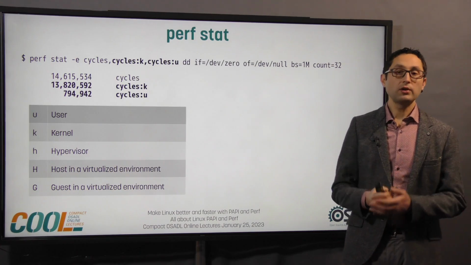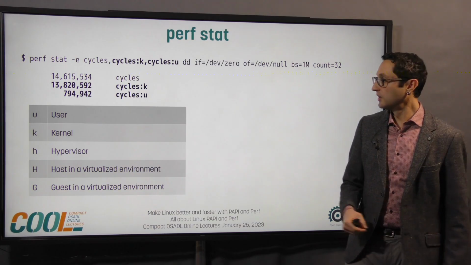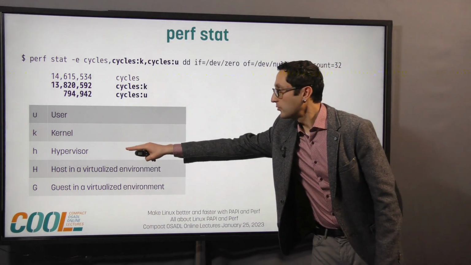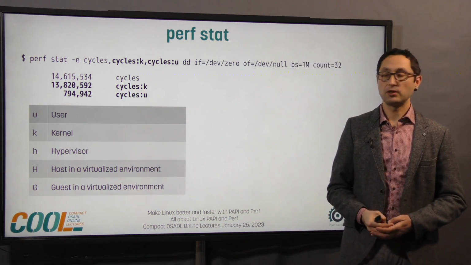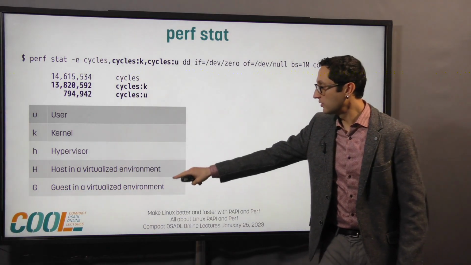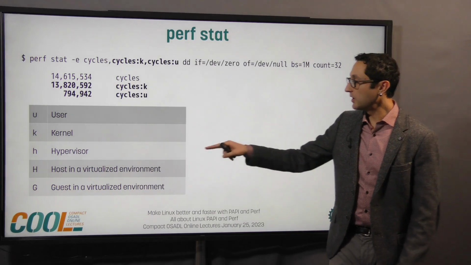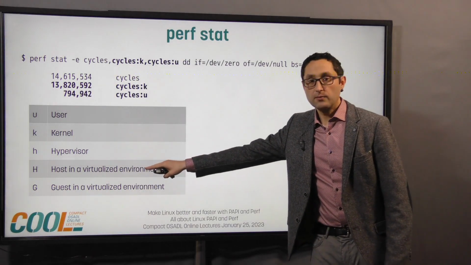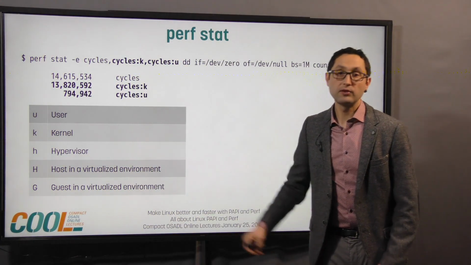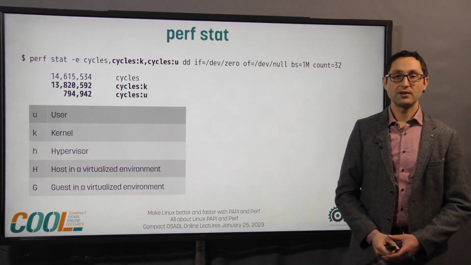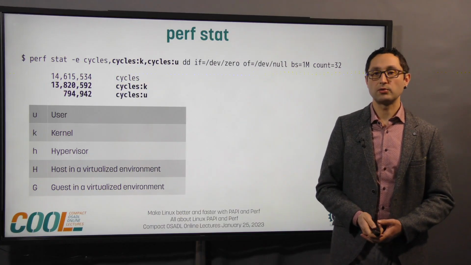But there's also a context right here, specifically for virtualized environments. For example, with the hypervisor, you could just see what happened in the specific hypervisor context. And most interestingly, in the virtualized environment with the capital H and the capital G, you could see how many cycles, for example, you spent on the virtualization host or how many cycles you spent within the guest system. And if you just look into the guest, you do not count all the noise from the host operating system.